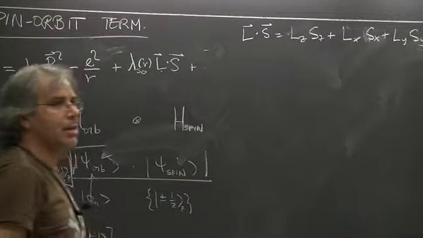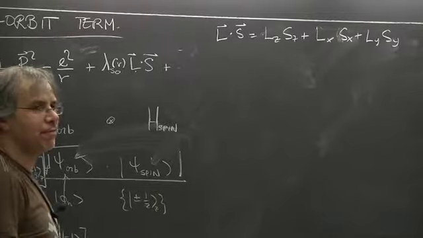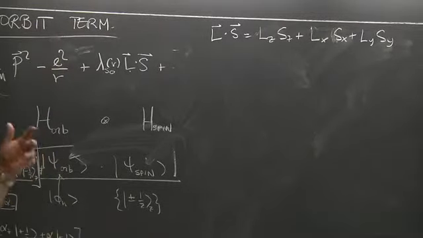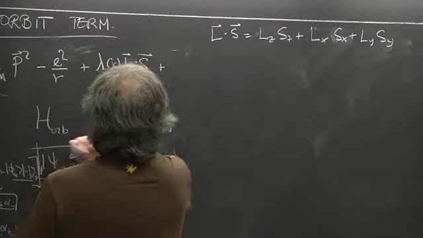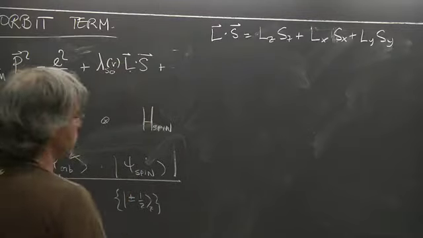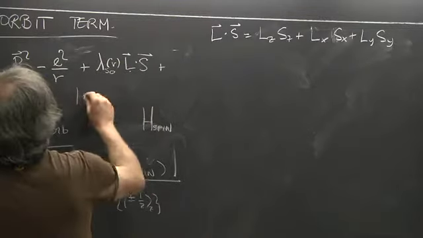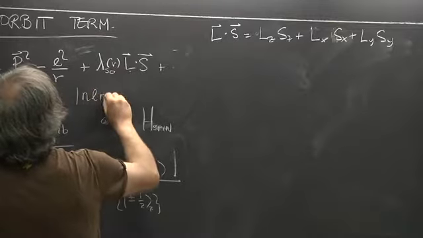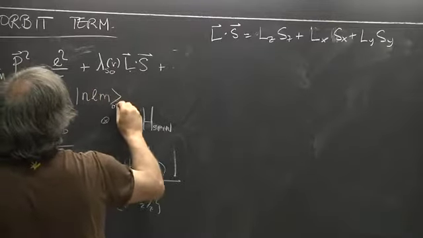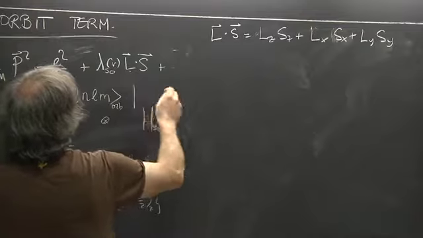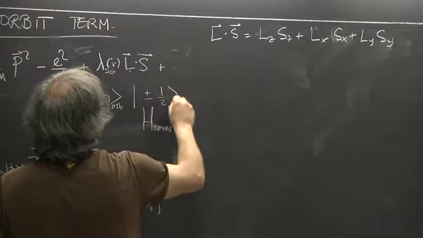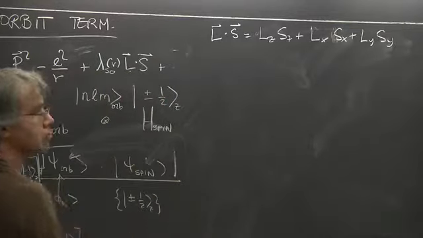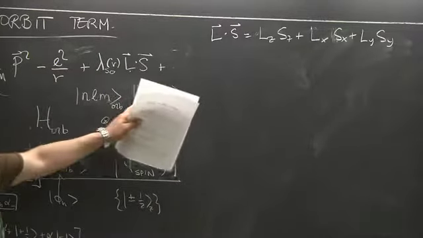Now, suppose I have a wave function of the hydrogen atom as I was working until now. How would it look? It would look factorized: some n l m wave function for the orbit times some spin part, so plus or minus 1/2 along z, or a mixture, I don't care, but just a factor.